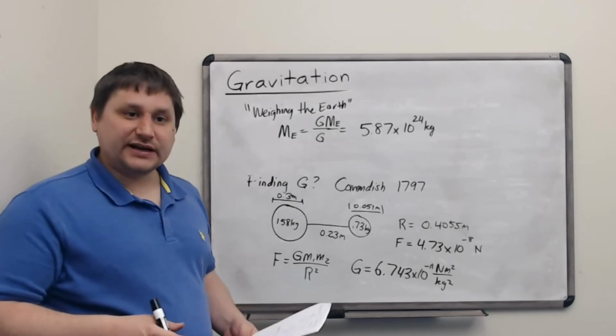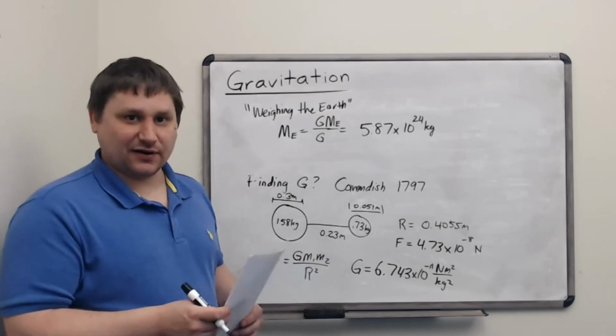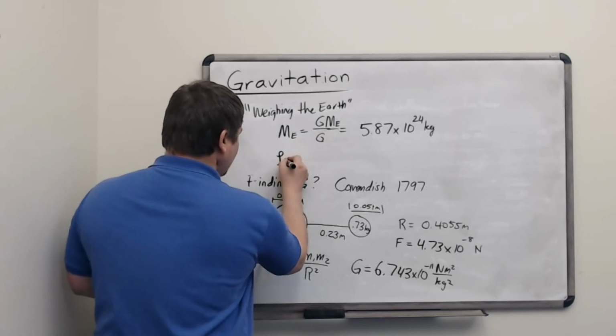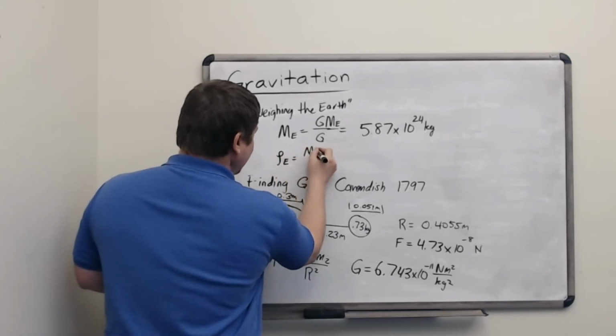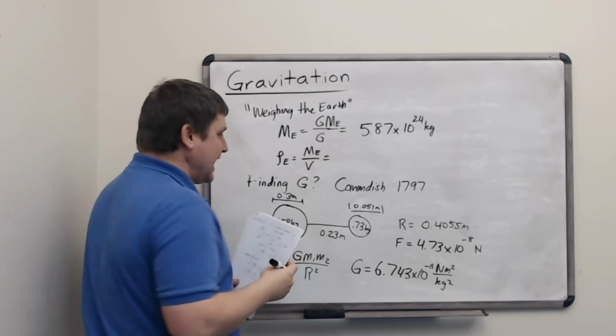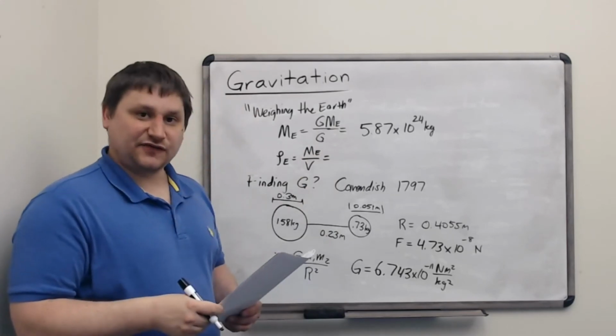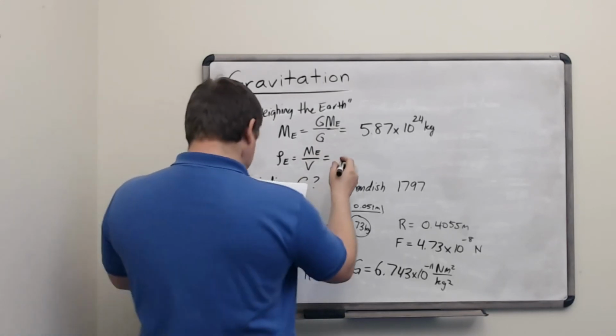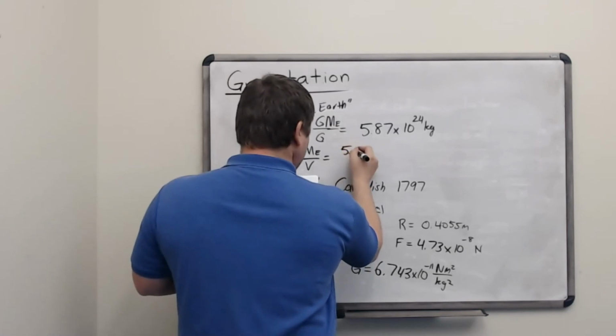Well, one way to do it is to look at the density of the Earth. Density, remember, is mass over volume. And since the Earth is approximately a sphere, we can use its radius to get its volume.